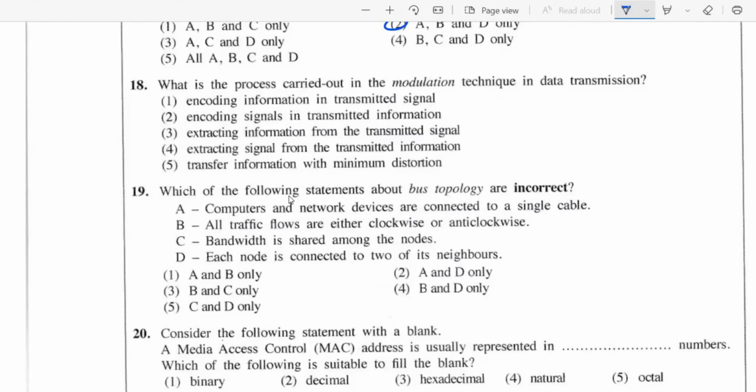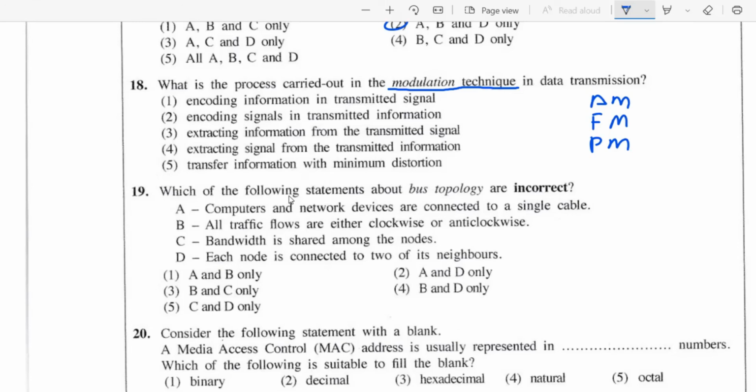Then question number 18. What is the process carried out in the modulation technique in data transmission? Okay, in data transmission, there are a few modulation techniques: amplitude modulation, frequency modulation, phase modulation, and some other examples. Option 1, encoding information in the transmitted signal.